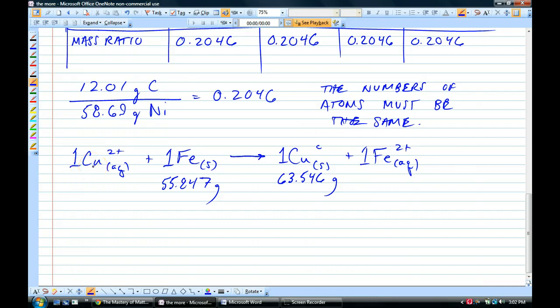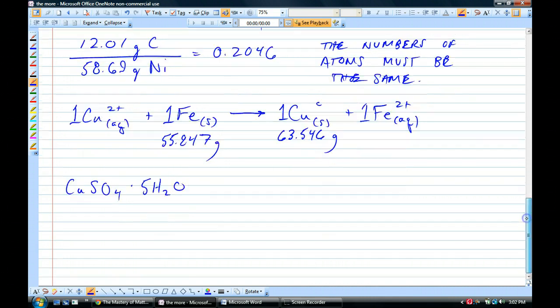Of course, I'm not going to add it just as the ion, but as part of copper sulfate. But that's okay because I can take copper sulfate, which is CuSO4 and 5H2O, and I can figure out what mass of this I would need.